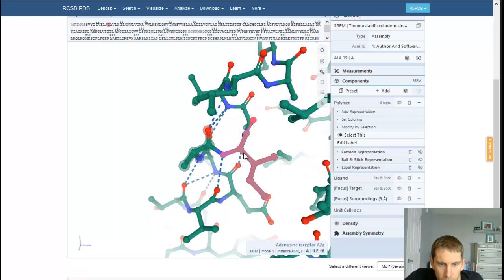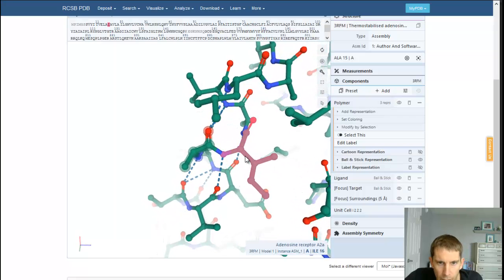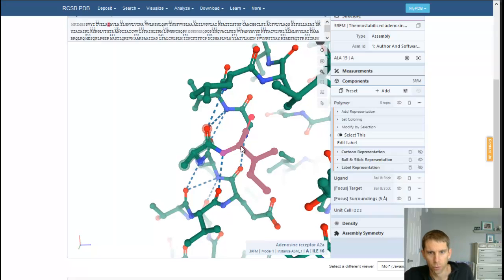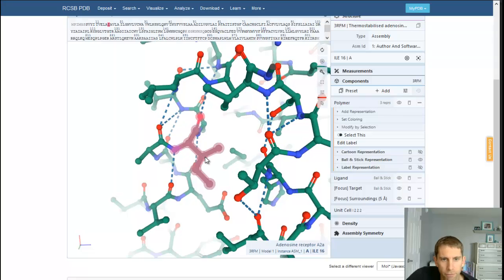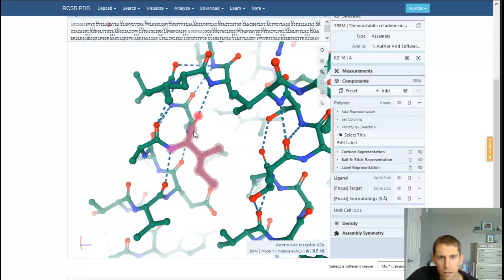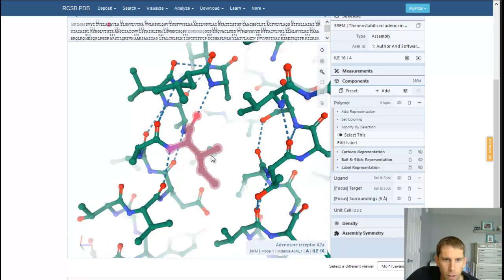And then the other amino acid that our amino acid 15 alanine is covalently bonded to is this one right here, which is our isoleucine. So for our isoleucine, amino acid 16, here we have an isobutyl group. So instead of the CH3 group coming off the second to last carbon, it's coming off the first carbon closest to the amino acid backbone. So we have our isobutyl group here.